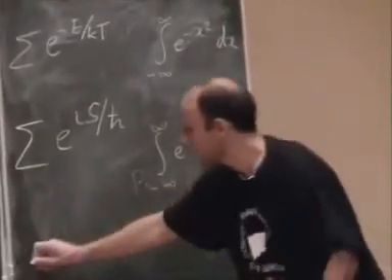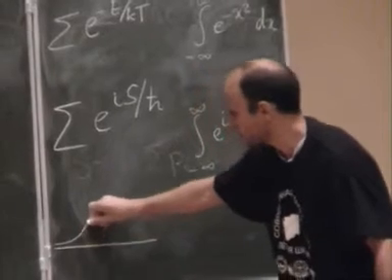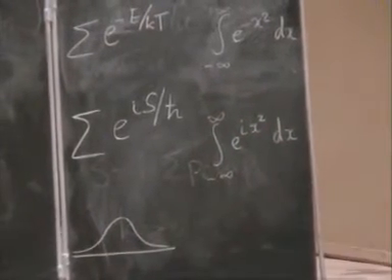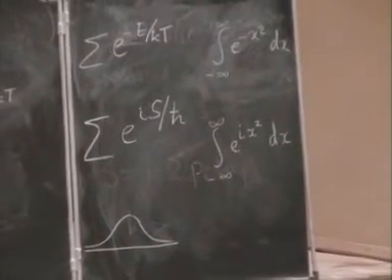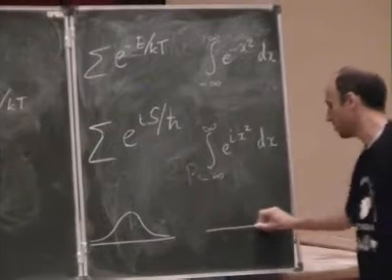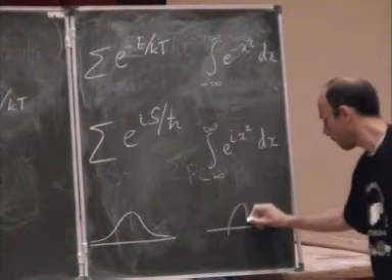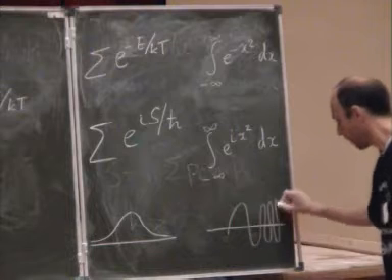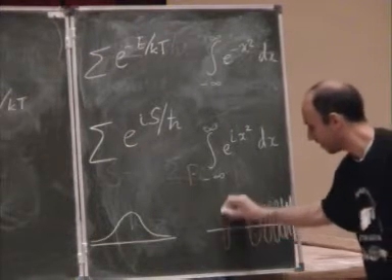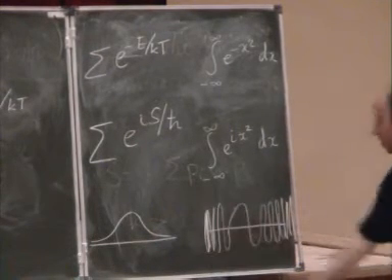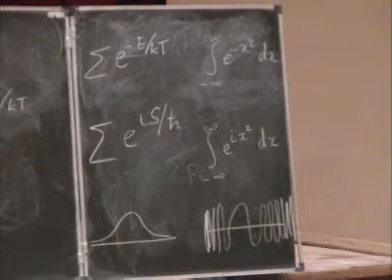So this one is the integral of a function like that, which is well defined and can be computed. And this one is an integral of a function like that. So it is called an oscillating integral.